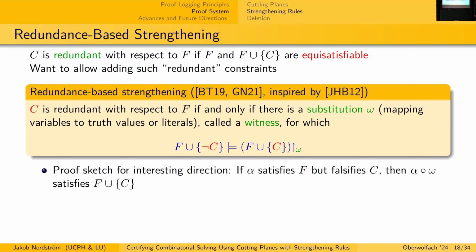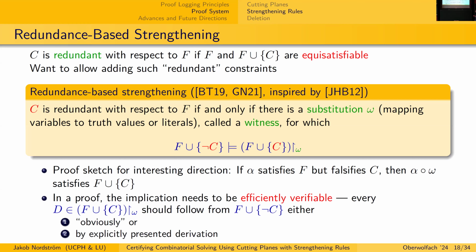So our proof system will allow to write derivations in this way. And importantly, the implication should be efficiently verifiable. So I will have to write down in the proof exactly what omega I have in mind, like list the domain and what the values in the domain map to, the variables in the domain.